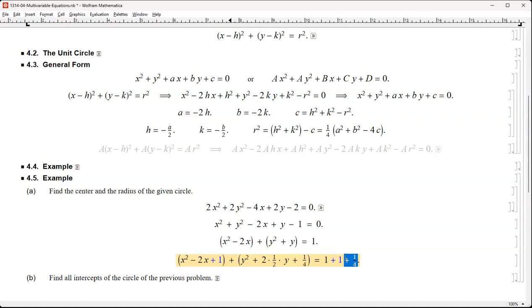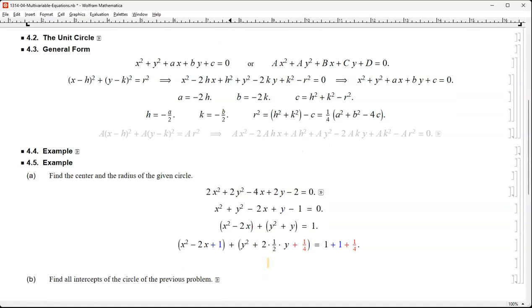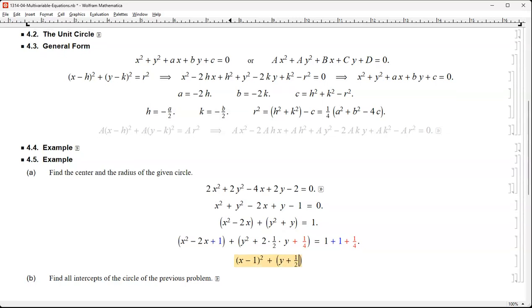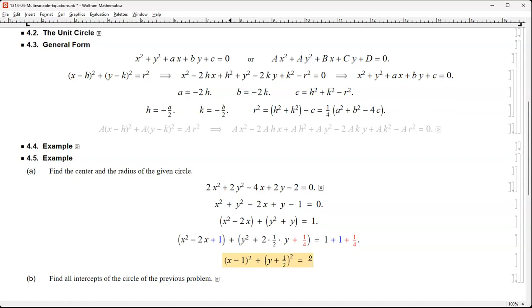Let me go back and highlight this in red. Why am I not getting what I want? Okay, alright. And this one here. So (x - 1)² plus (y + 1/2)² is 1 plus 1 plus 1/4, 2 and then 9/4.